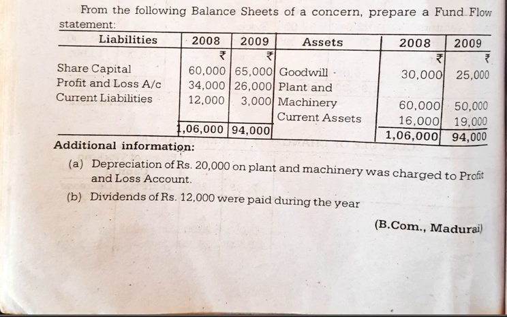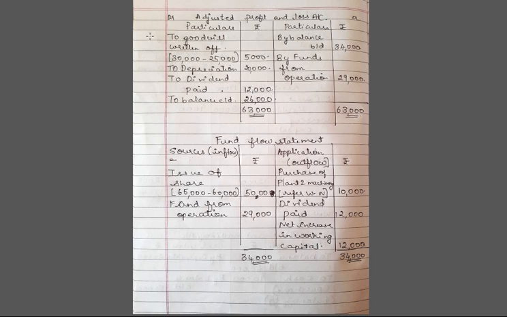If there is non-operating income, you write it on the credit side. Now we will check the problem one by one. See, goodwill: there is a decrease, and a decrease means it is written off. Written off is entered in the profit and loss account, which is non-operating. So go to the adjusted profit and loss account and write, to goodwill written off, 30,000 minus 25,000, 5,000.